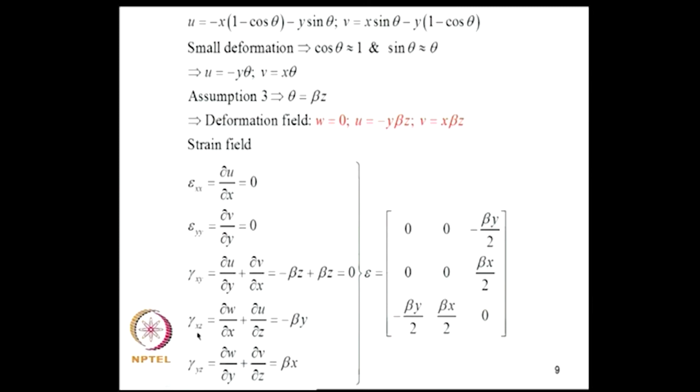Gamma xz is dou w by dou x, that is 0, plus dou u by dou z, which is minus y beta. Similarly, gamma yz is dou w by dou y plus dou v by dou z. w is 0, therefore the first term is 0, and dou v by dou z is beta into x. So, the strain tensor is therefore given by this. We have two shearing strains and the normal strains are all 0.